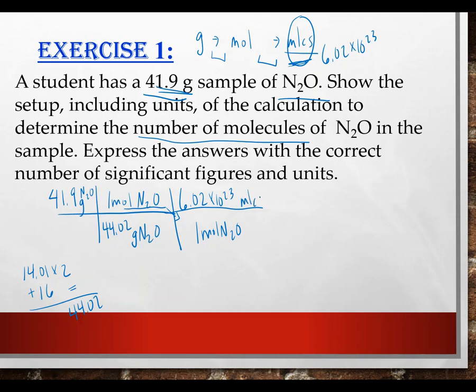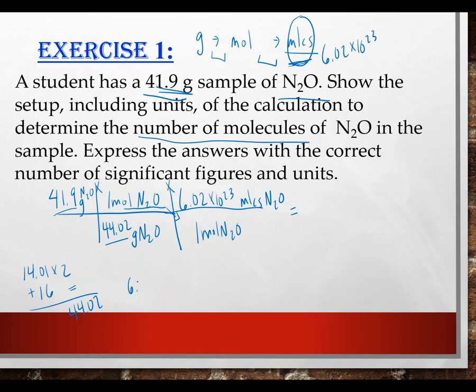Put the molecules of N2O. Now I'm going to be ready to multiply and divide. Going 41.9 times 1 times 6.02 times 10 to the 23rd divided by the 44.02 times 1. So really it's 41.9 times 6.02 times 10 to the 23rd over 44.02.